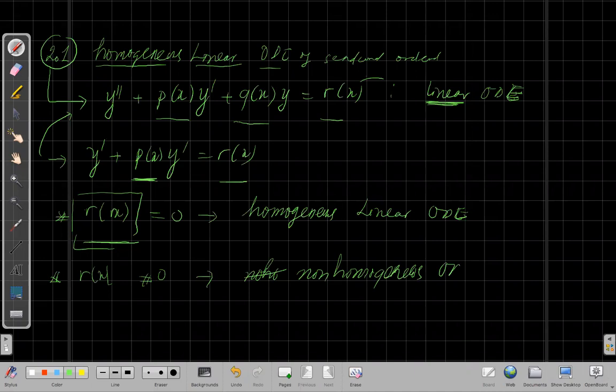And remember that the second order linear ODE is very important when we model many systems, especially the AC circuit.